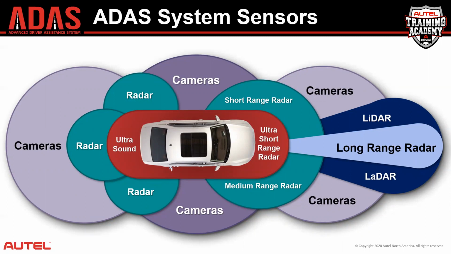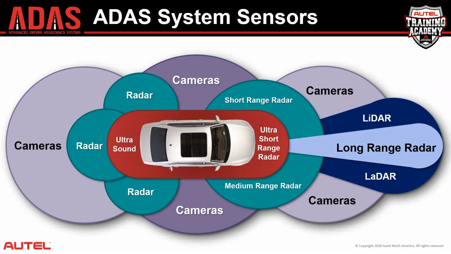The inputs I'm talking about could be cameras, they could be radar sensors, and there's a variety of different styles of radar sensor depending on the exact need of the system being designed for the vehicle. There's ultrasonic sensors, there's LiDAR and other laser-based systems, thermal systems, infrared cameras.